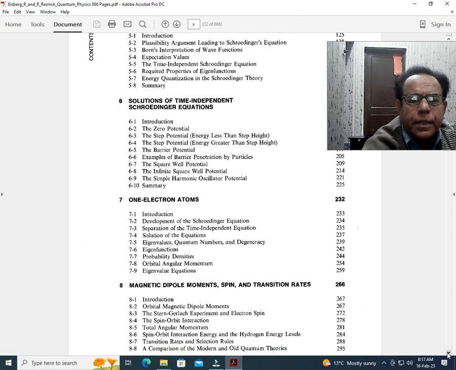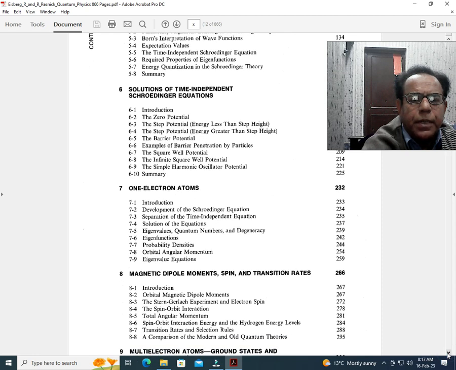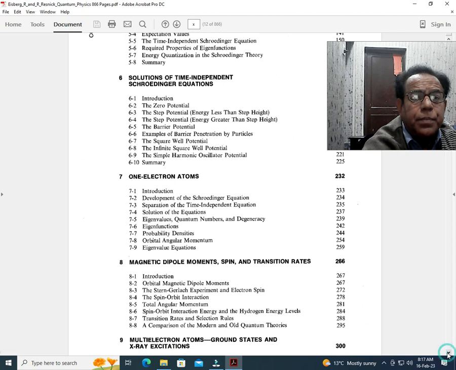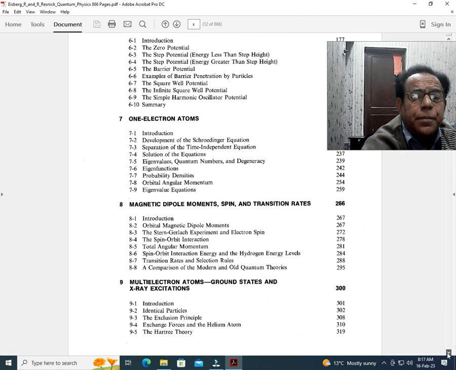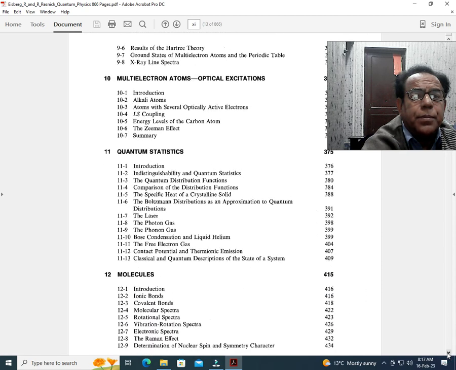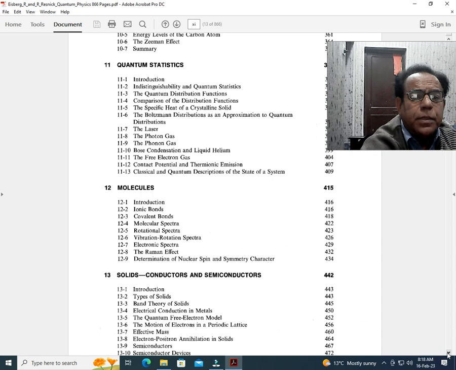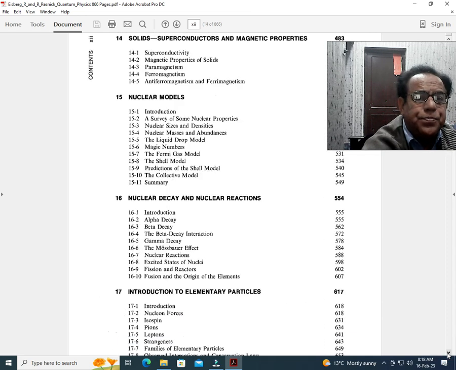Chapter number 9, multi-electron atoms, ground states and X-ray excitations. Chapter number 10, multi-electron atoms, optical excitations. Chapter number 11, quantum statistics. Chapter number 12, molecules. Chapter number 13, solids, conductors and semiconductors.